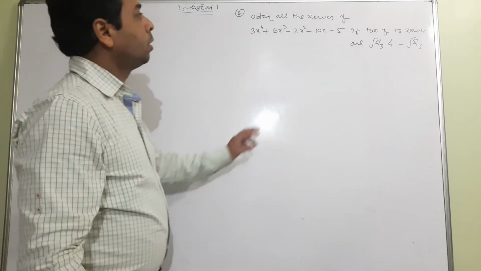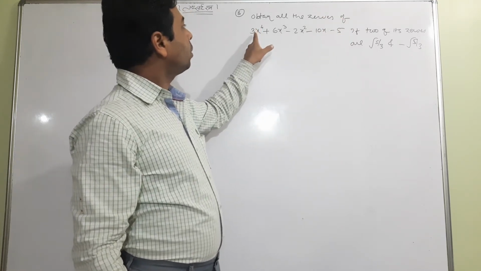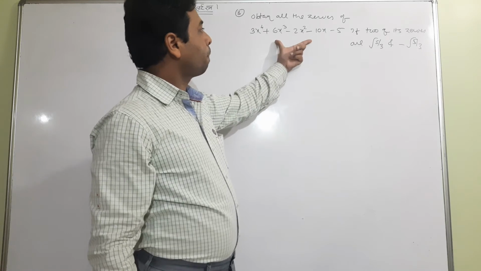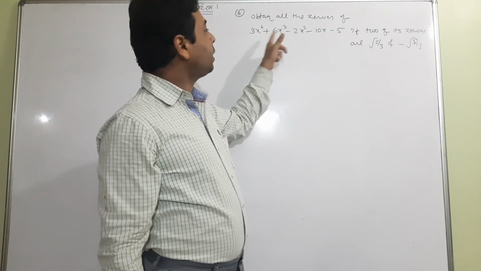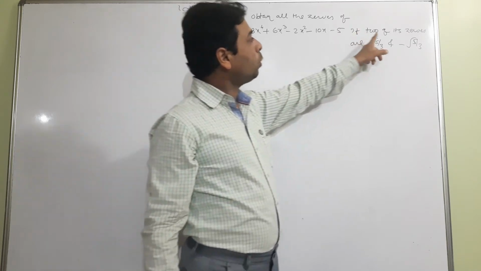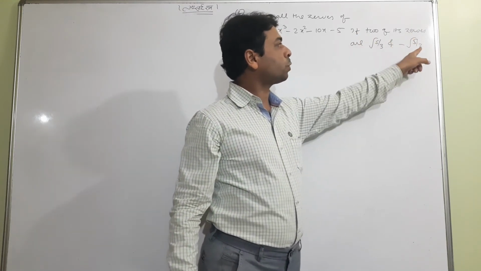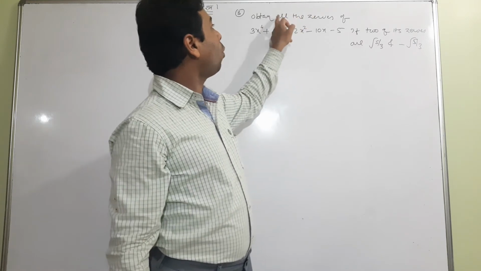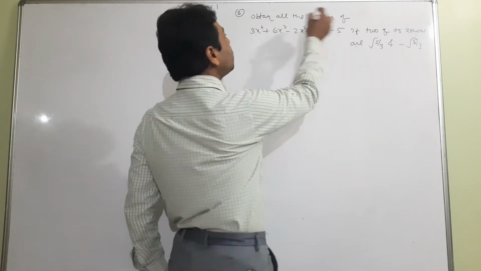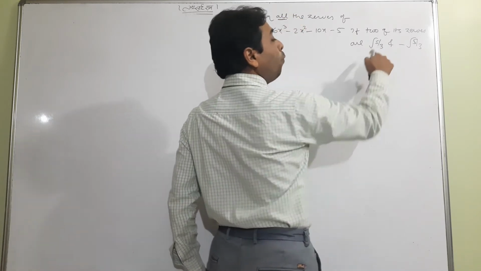Look, I had taught you this is a 4 power polynomial. So first thing you should know, it contains 4 zeros. And in the question 2 zeros are already given, and we have to find all the zeros. So I would simply say all the zeros means 4 zeros.